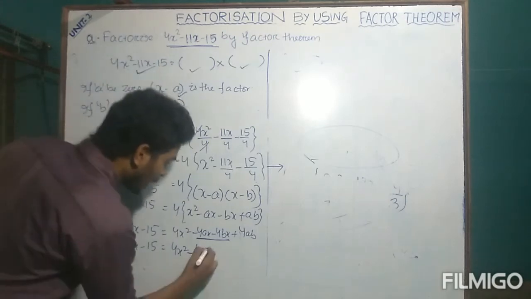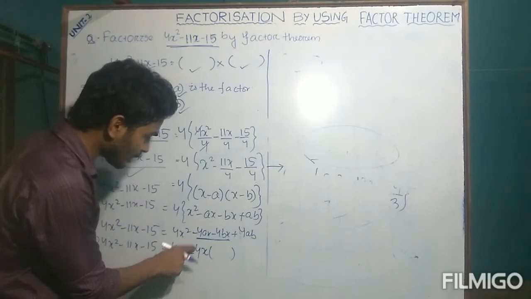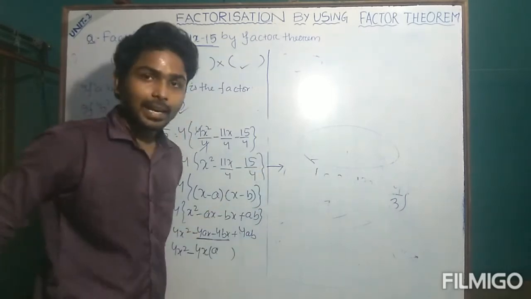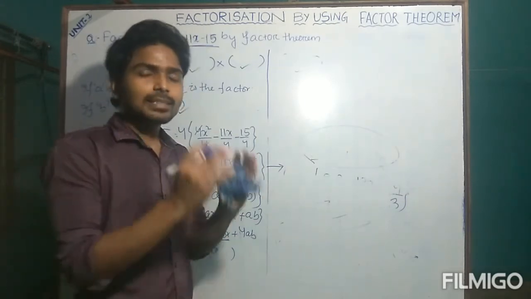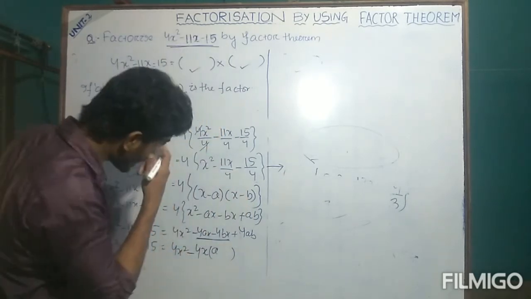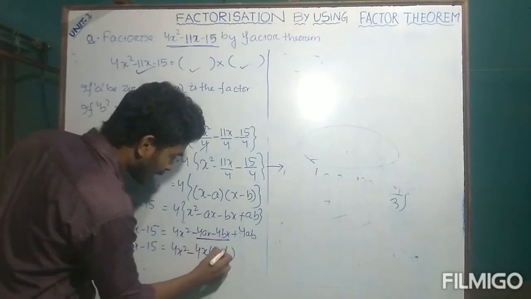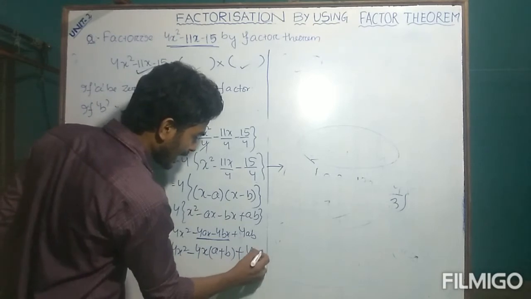Yes or no? Now what will be remaining inside the bracket? Since minus is taken as common, 4 is taken as common, x is taken as common, the remaining part is a. And I have told you, if the minus sign is taken as common, then inside the bracket the sign of the terms will be changed. Hence it will be plus, 4 is taken as common, x is taken as common, the remaining part is b, plus 4ab.